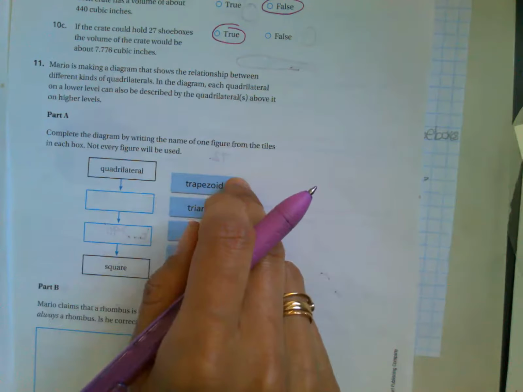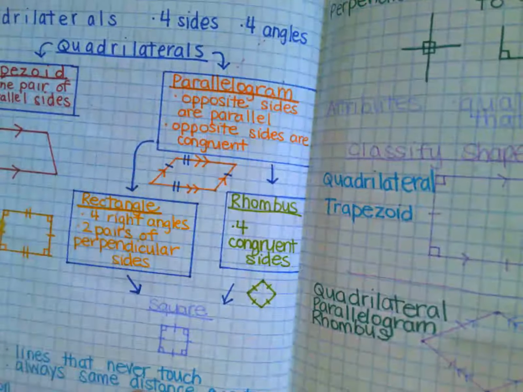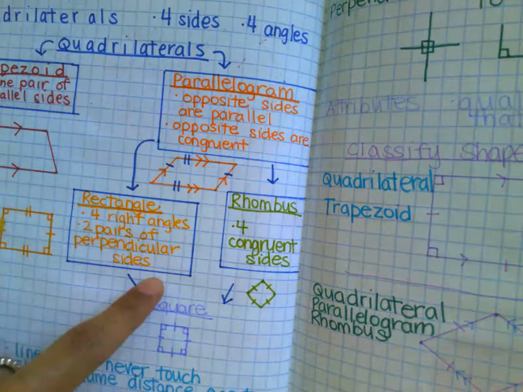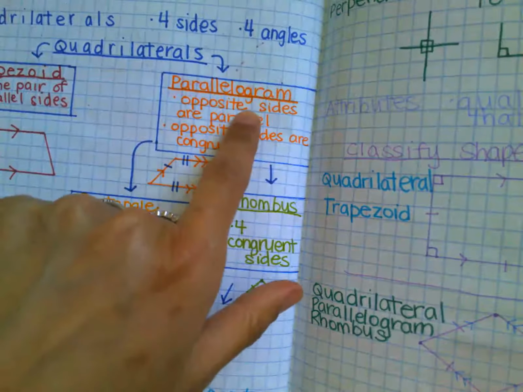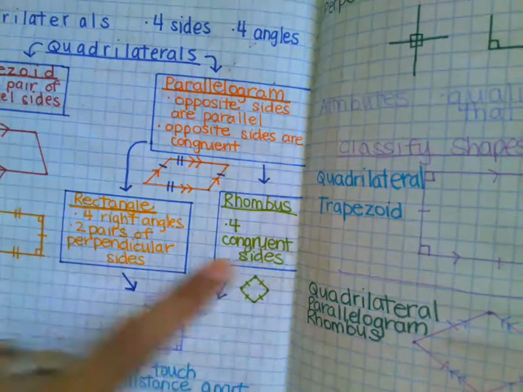Trapezoid doesn't work because I want to get to square. So I know this is parallelogram. And then from parallelogram, I want to get to square. Well, rectangle isn't an option, so I know I could go from a parallelogram to a rhombus to get to a square.